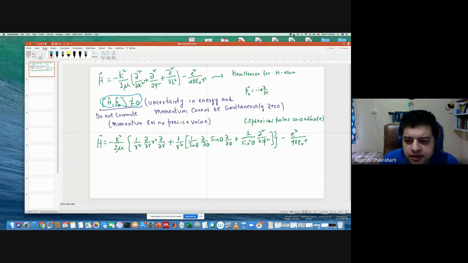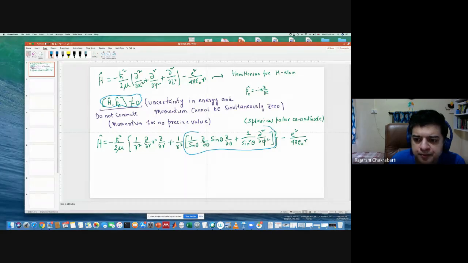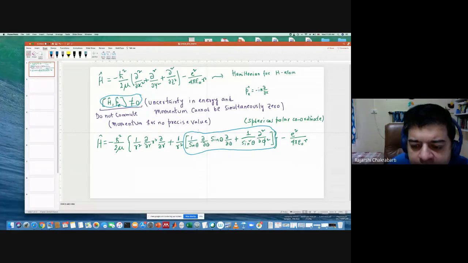Okay, and see one thing, if I concentrate on this part of the operator, can you see anything special about this part of the operator?